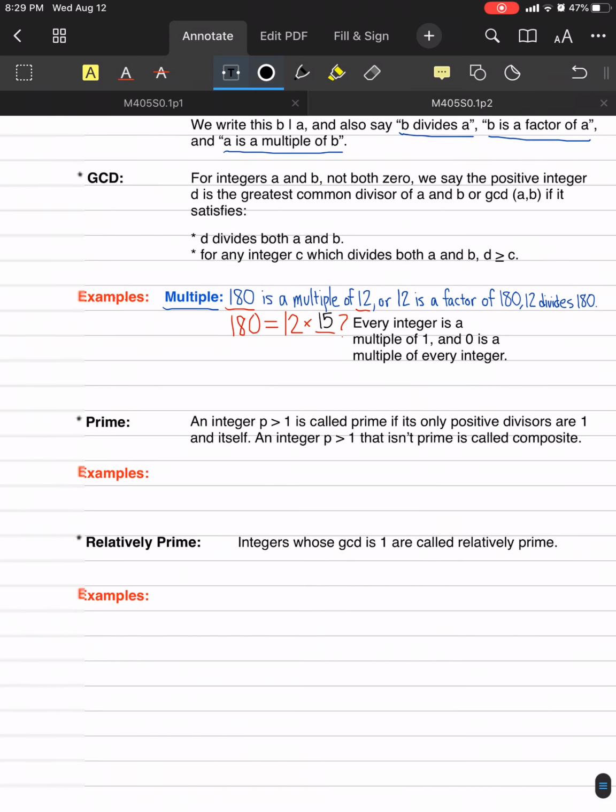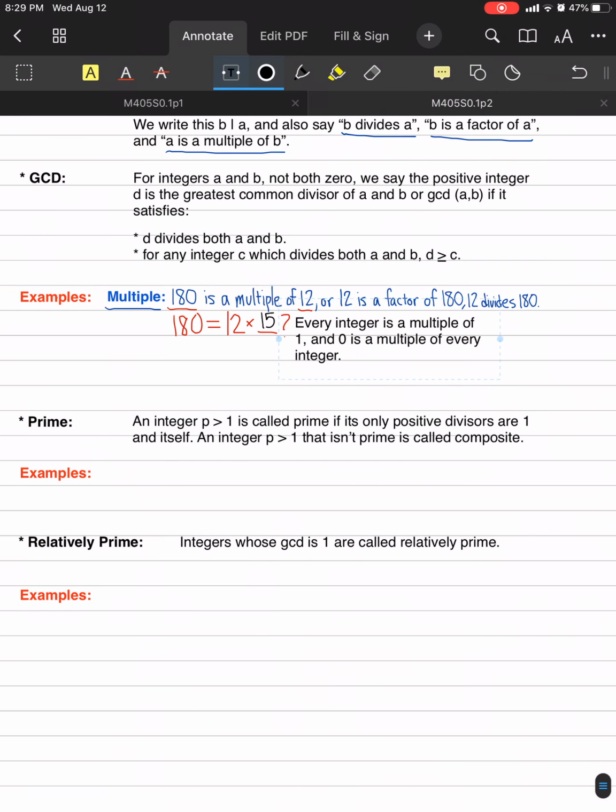All right, so every integer is a multiple of 1. 0 is a multiple of every integer. That's all we mean by a multiple.